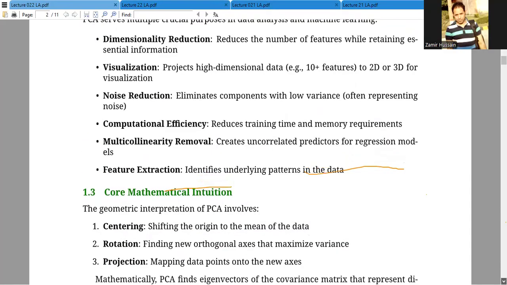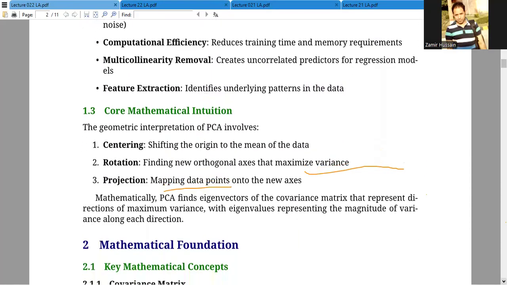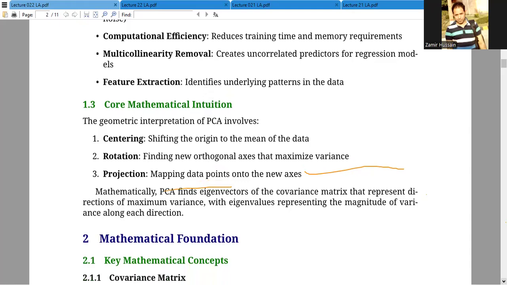The main core idea is the mathematical intuition behind this model. For example, take a two-dimensional feature and a three-dimensional problem. First, how to center the data, shifting the original mean of the data.